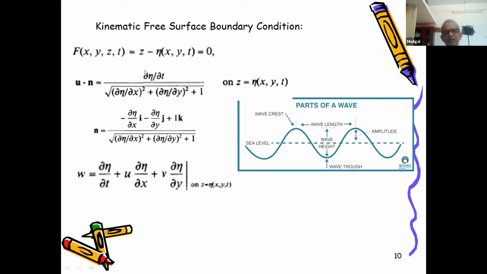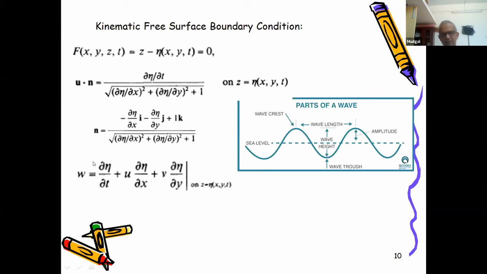So that minus sign goes because you already have a minus here. So on z equal to eta of x, y and t, the unit normal vector is obtained by this expression.